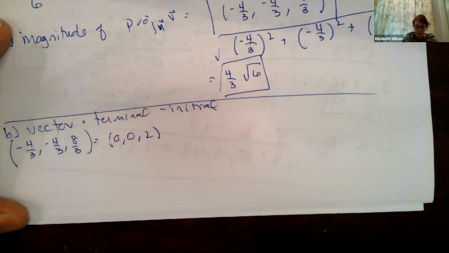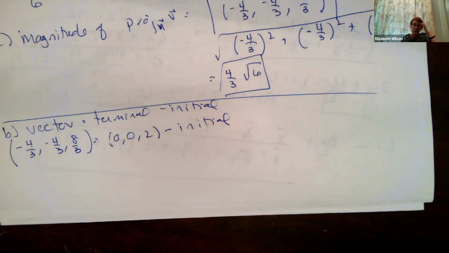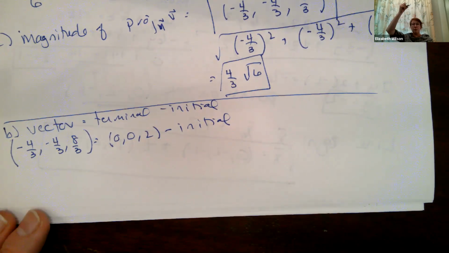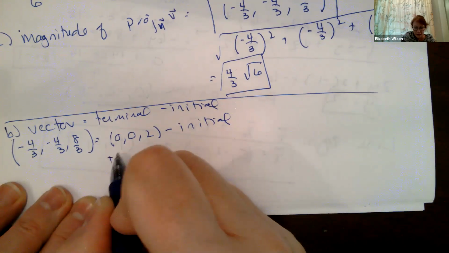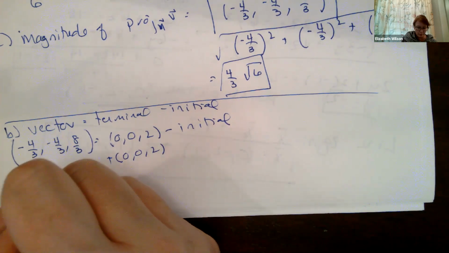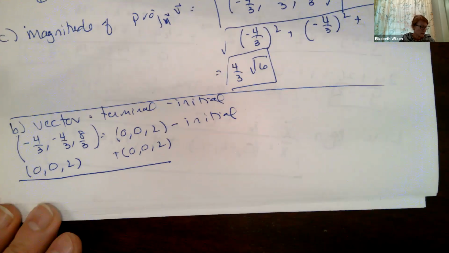That's my point off the plane, minus my initial. Okay, I've started at the plane. I've gone up to my point in space. I want to find out what's that initial point that's on the plane. So then I just add, and then I multiply by a -1 to get that point right there.